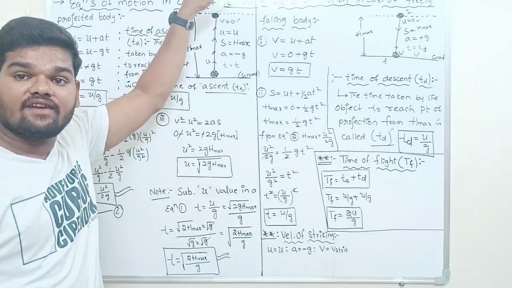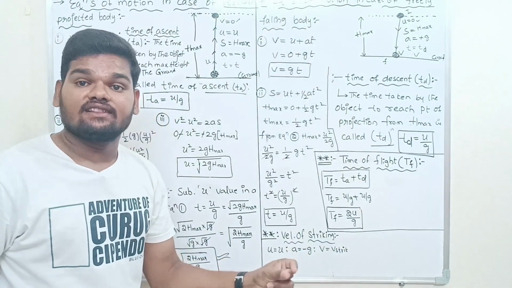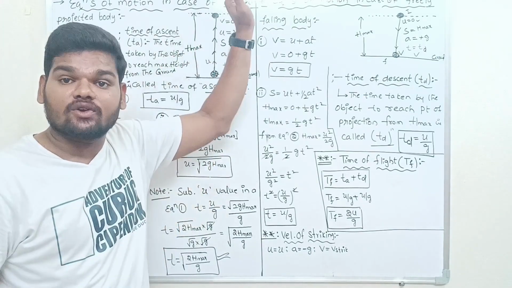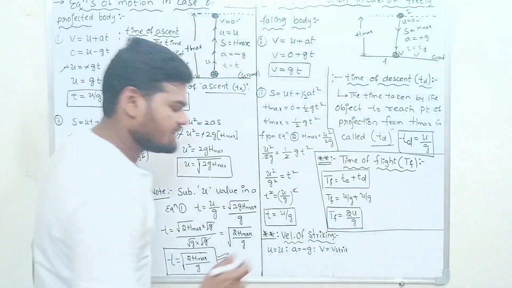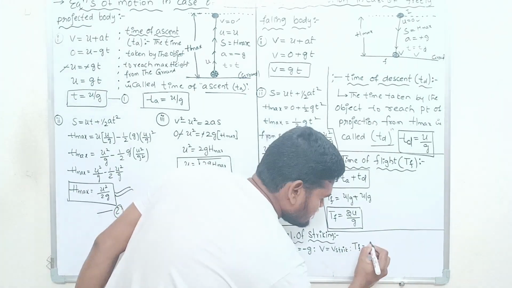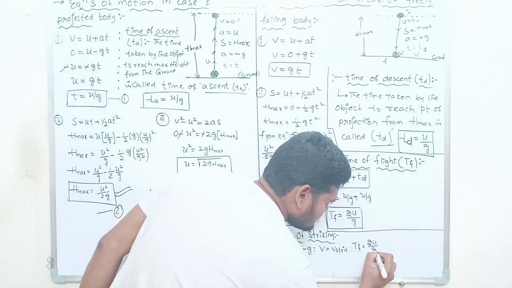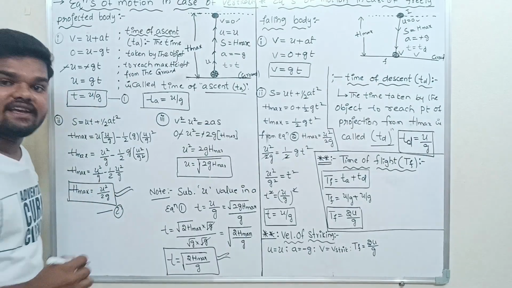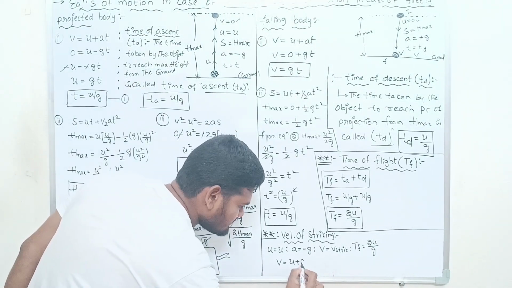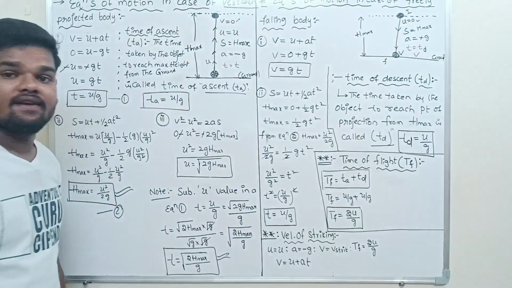This is time of ascent and this is time of descent. The total time taken by the object to hit the ground after projection is the time of flight, that is 2u by g. So I'm just taking the first equation of motion, v is equal to u plus at.